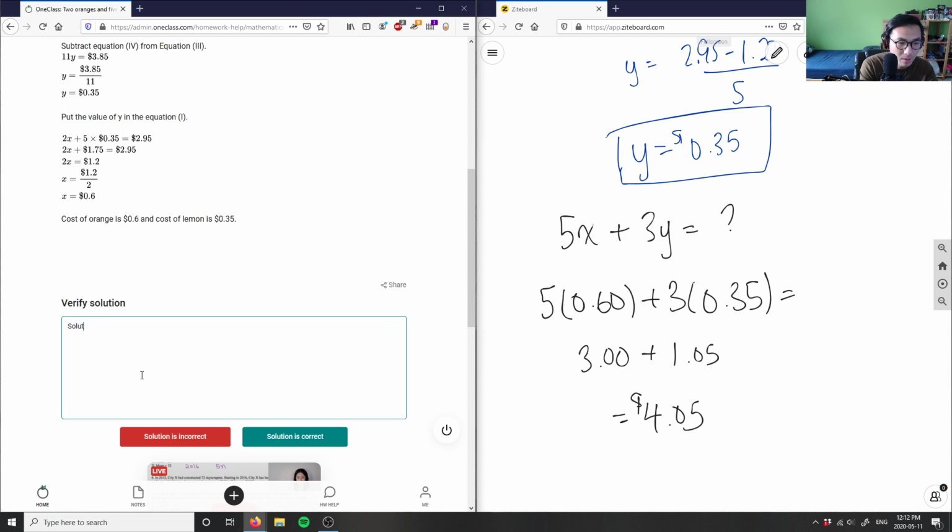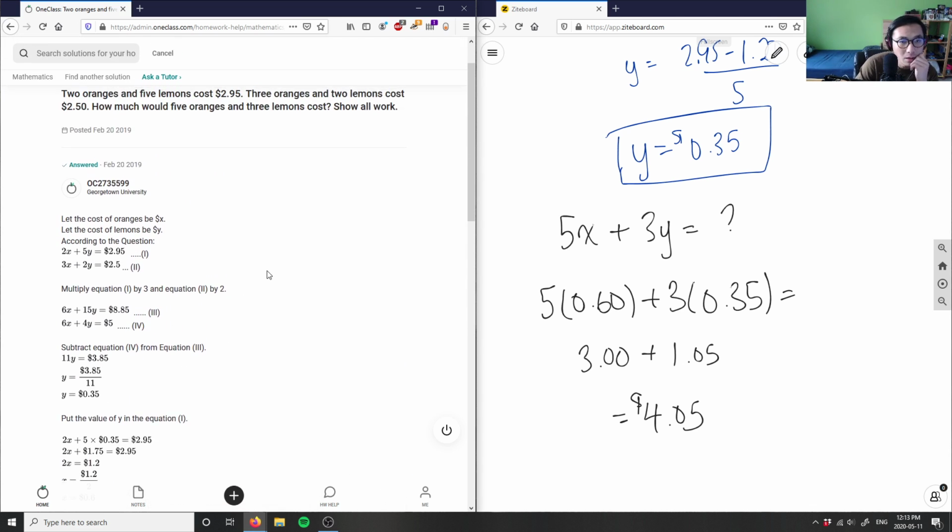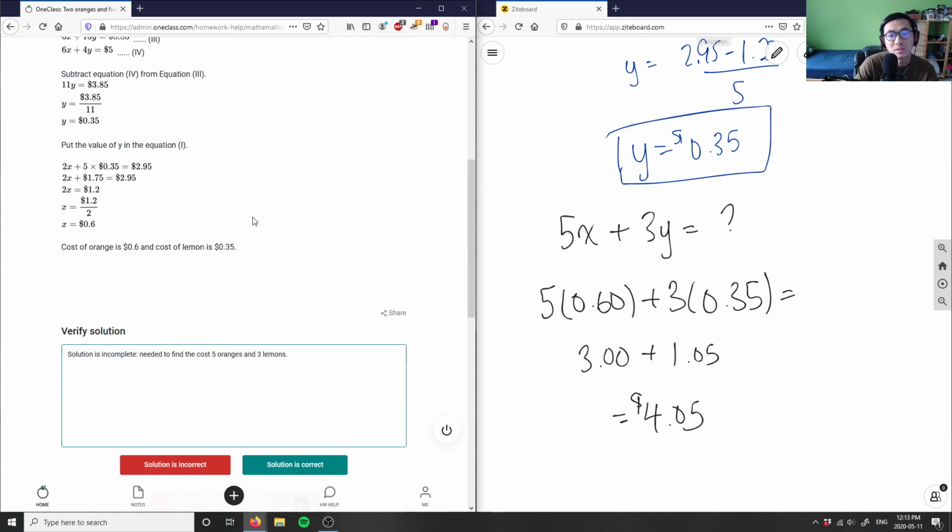So I'm going to say here: solution is incomplete and needed to find cost of 5 oranges and 3 lemons.